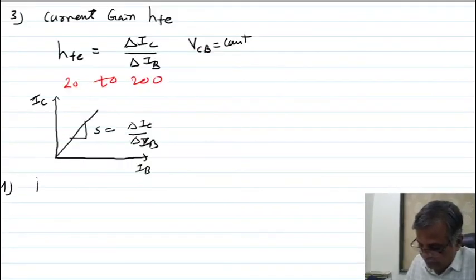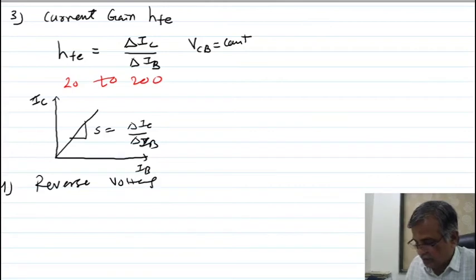Fourth parameter, reverse voltage ratio, hre.